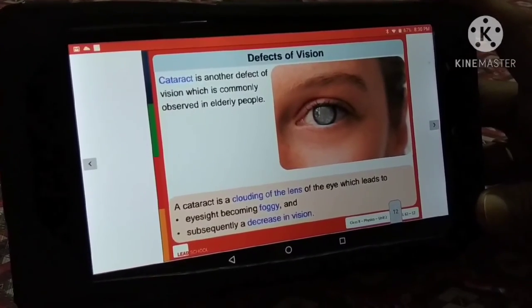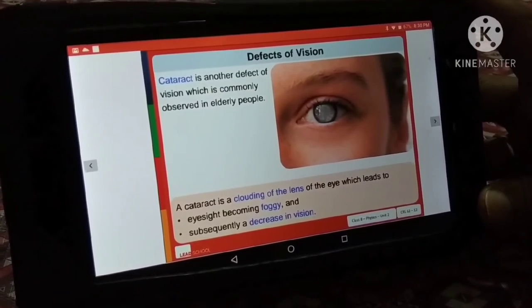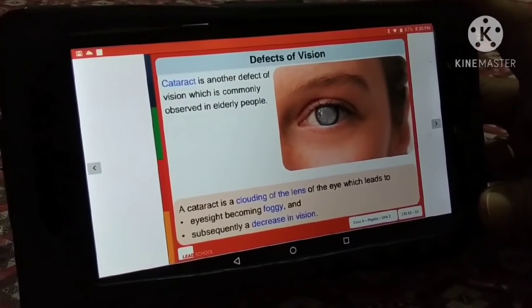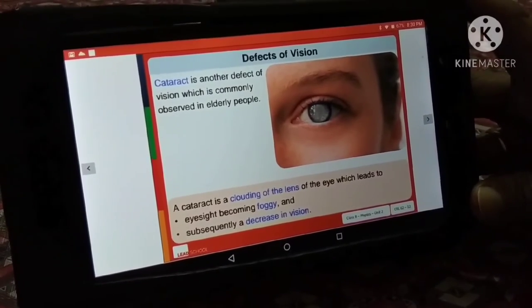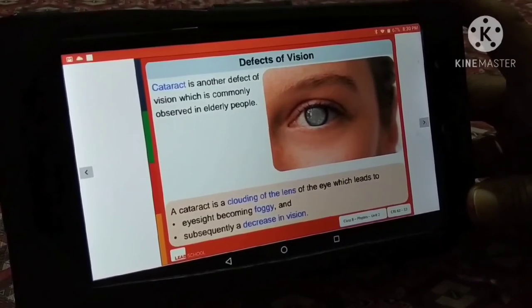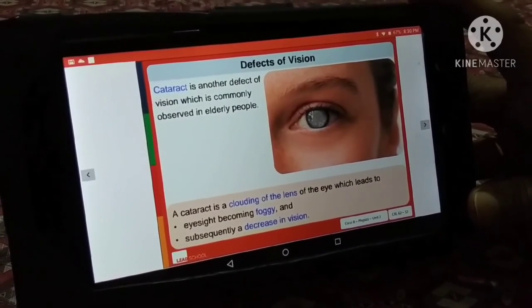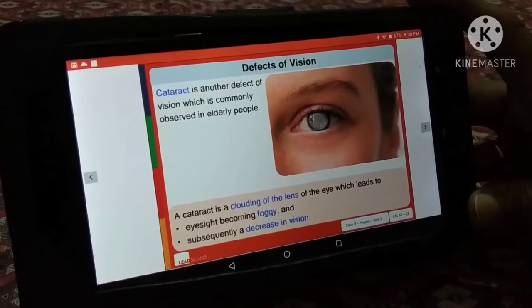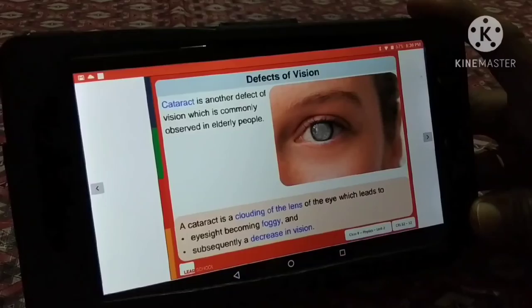Another defect of the eye is cataract. A cataract is a clouding of the lens of the eye, which leads to eyesight becoming foggy and subsequently a decrease in vision.